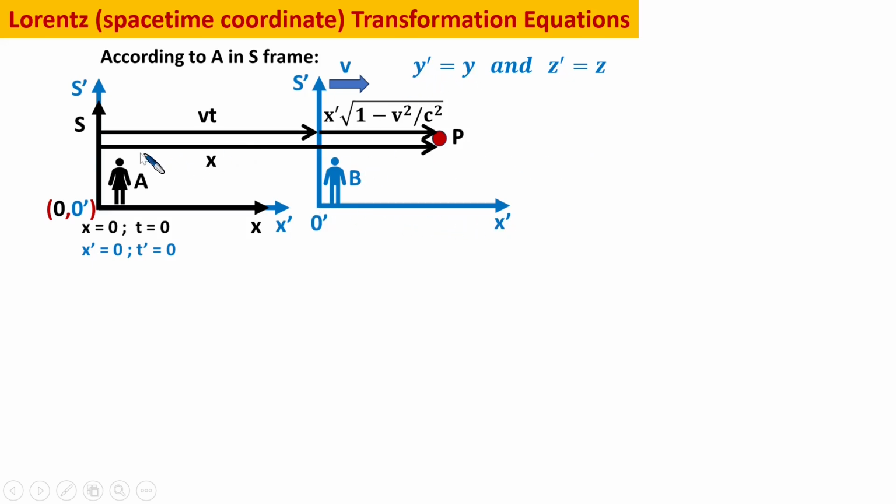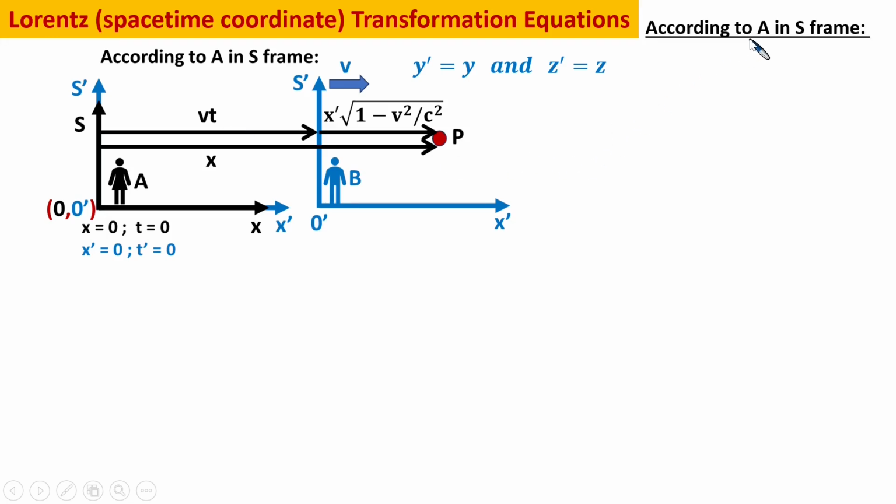Now we know that this point is moving in this frame, and this distance is x. So what is the measure of this x prime in this moving frame? This frame is moving with velocity v, and the distance it has traveled is v times t, because velocity is distance per unit time, so velocity times time will give you distance.